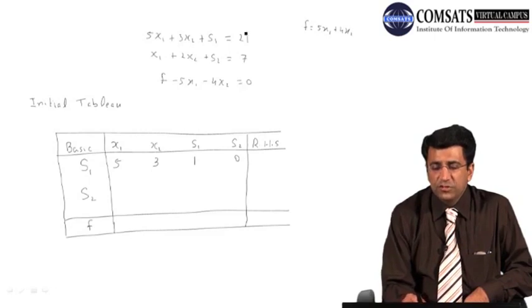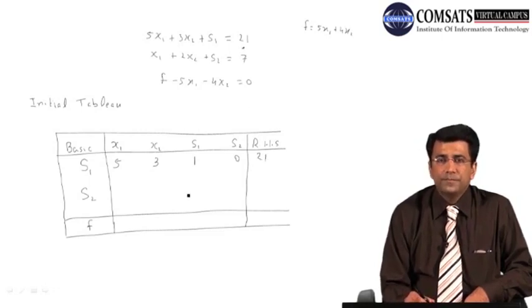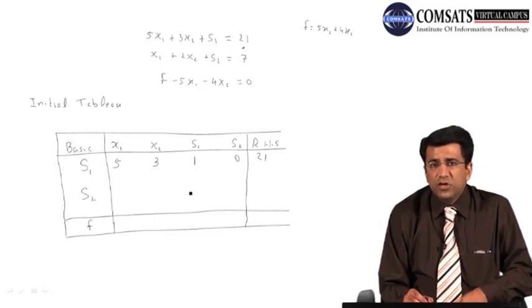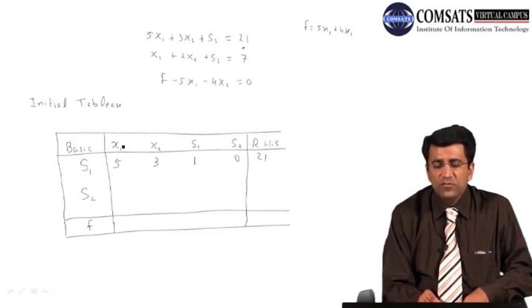In the very first equation, the right hand side is 21, so we will write 21 here. Again class, we have just put down the different coefficients of the first equation in this table according to the variables marked in this particular row.